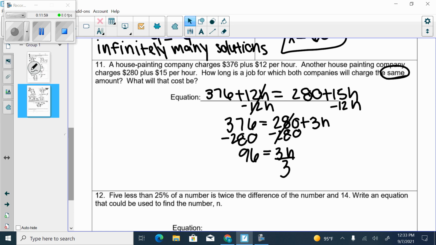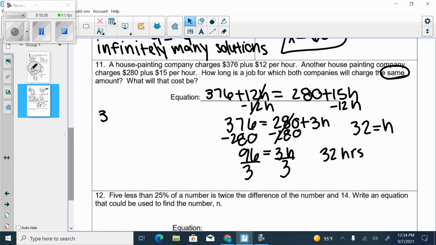Divide 96 by 3. 32. Okay. So that's the first part that they asked, right? How many hours it would take. Well, now we know 32 hours, right? Okay. But they also want to know what the cost will be. So what should I do with that 32? Plug it in. And I can plug it into either one because they should be equal, right?